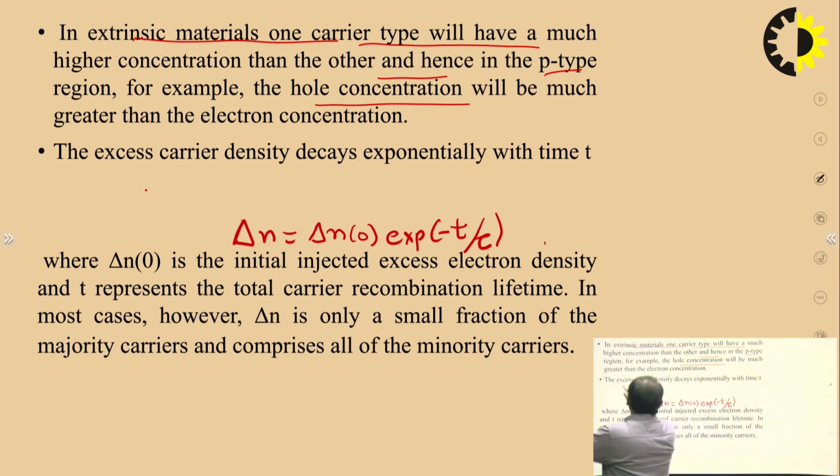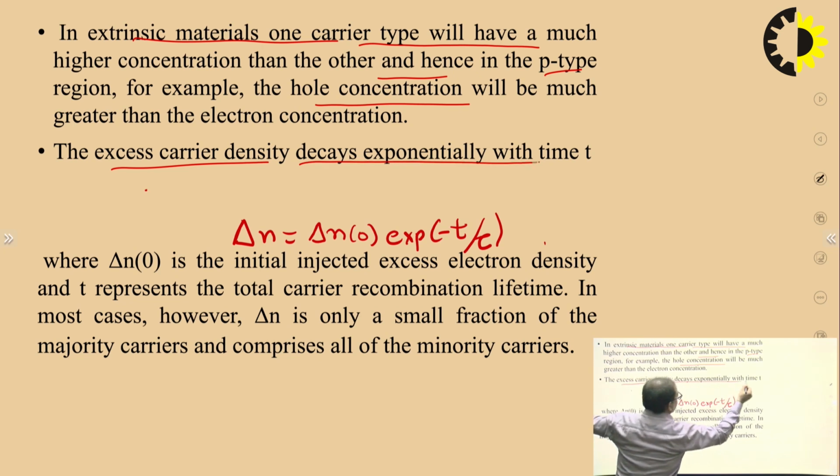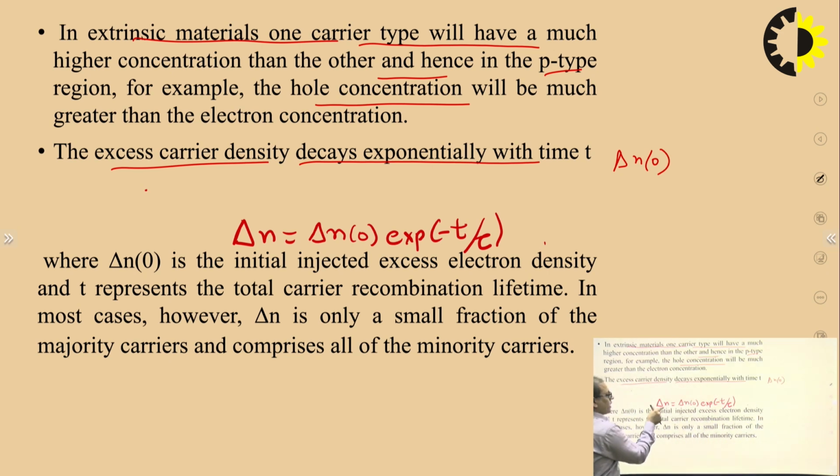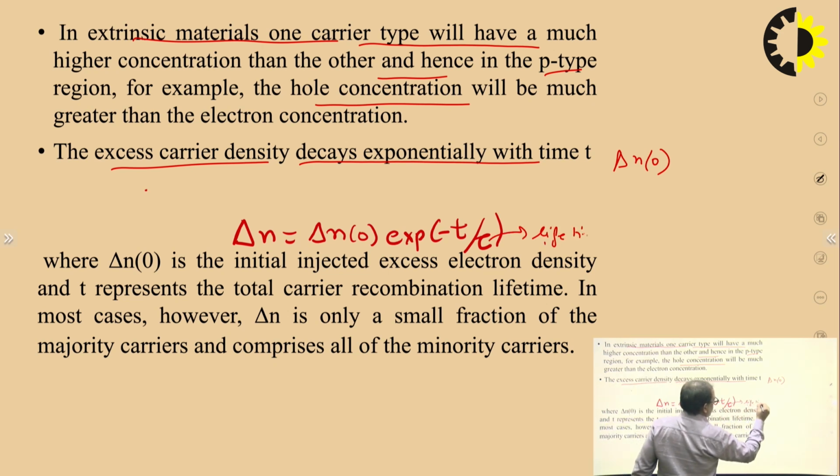I have already told you that this excess carrier density, electron or hole, decays exponentially with time. So the electron density, initially delta n naught, will decay as delta n equals delta n naught e power minus t by tau, where tau is the lifetime of the electron.